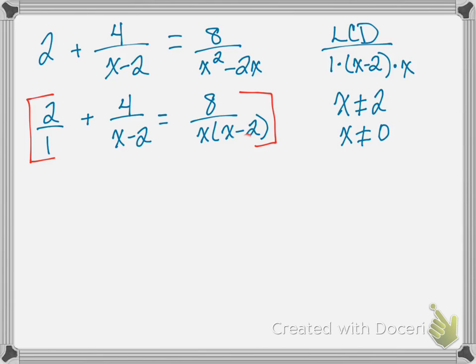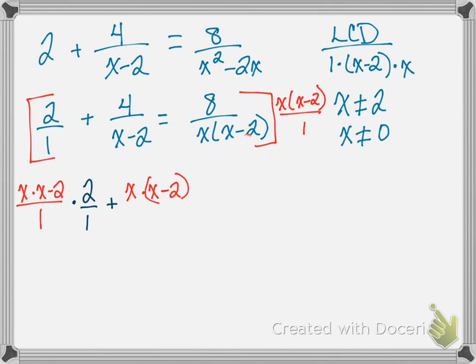Okay, so I have x times x minus 2 over 1 times 2. Okay, x times x minus 2. And I need to keep that x minus 2 in parentheses.